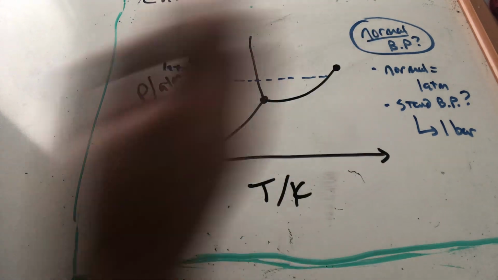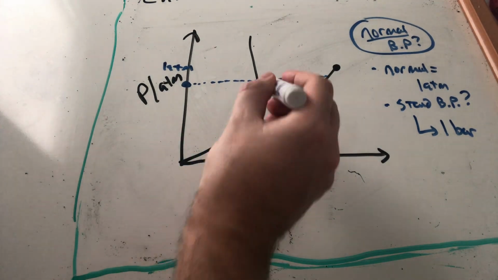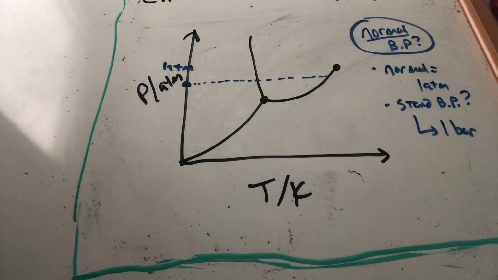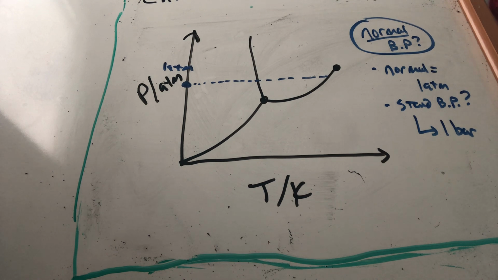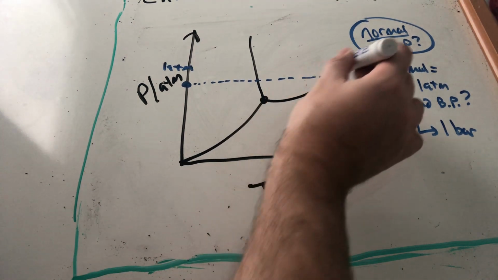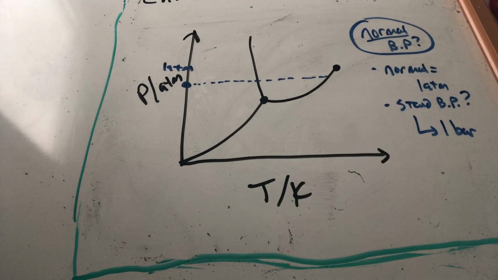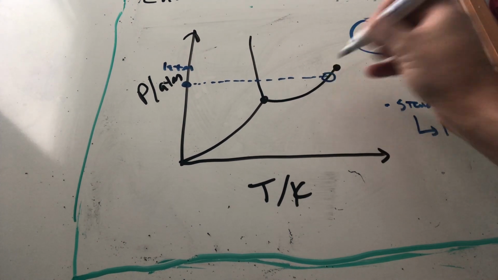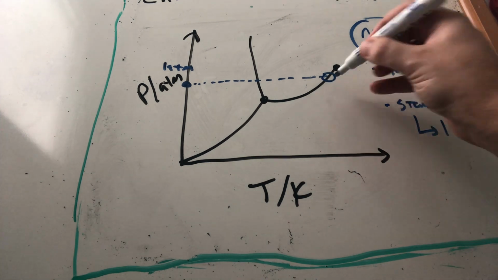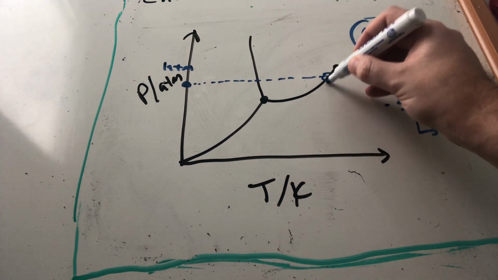I'm going to remember what these different curves represent. This curve here is going to be my melting point curve, because that's where solid and liquid coexist. That's my solid and liquid coexistence curve. Over here, this is where my gas and liquid coexistence curve exists. So I see, okay, this is where these are going to be in equilibrium with each other at that pressure.